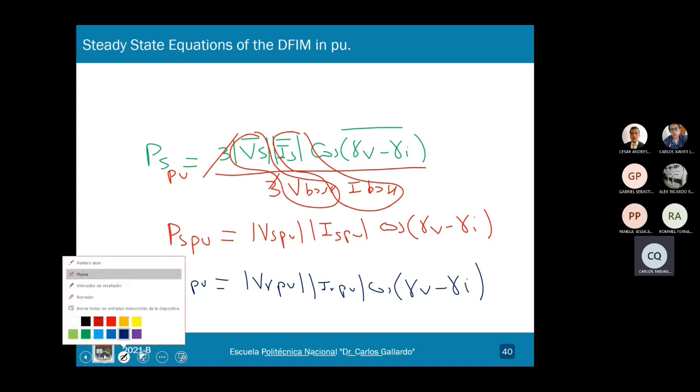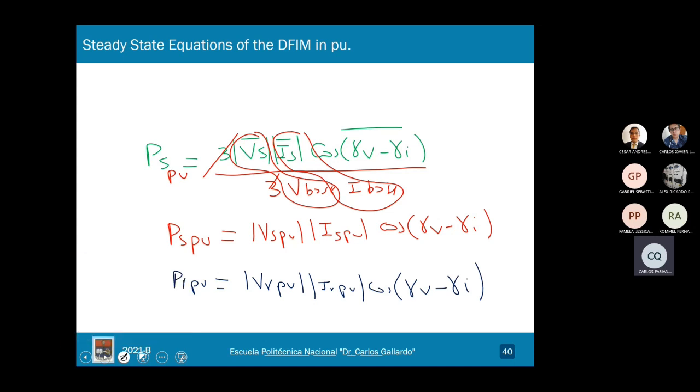But if we want to compute the reactive power, for the stator and for the rotor, I will change cosine by sine, and this is the way to compute the active and reactive power. So I have already computed the whole per unit values in the doubly fed induction machine.